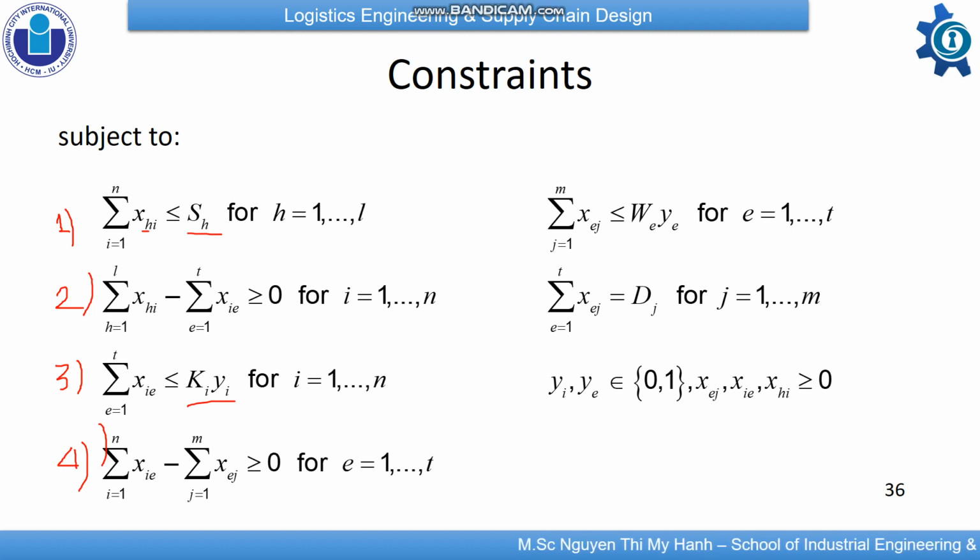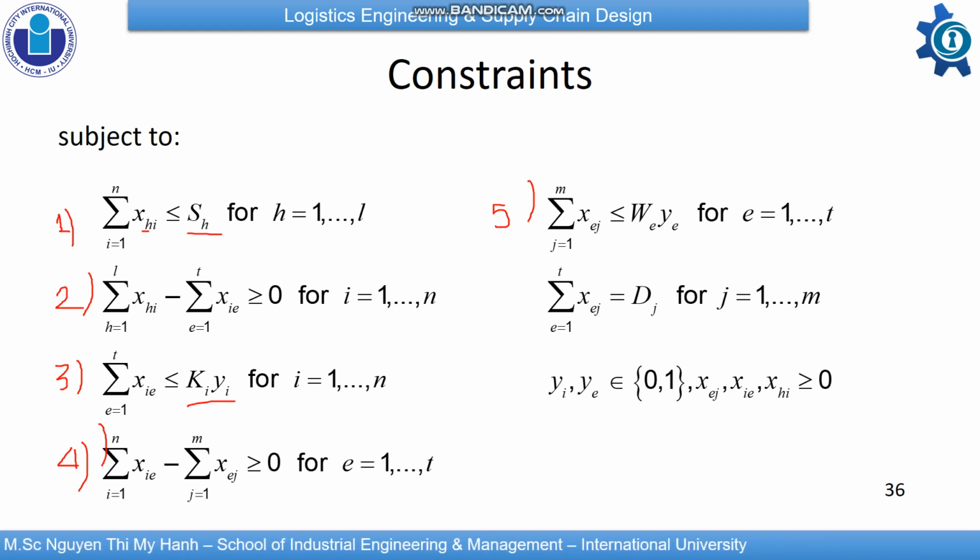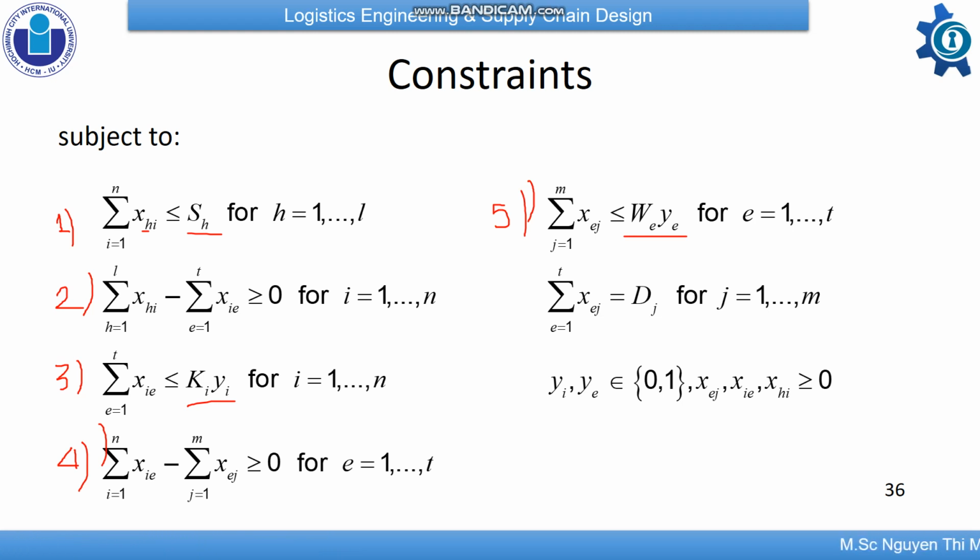Okay, constraint 5 is the amount shipped through a warehouse cannot exceed the warehouse capacity.